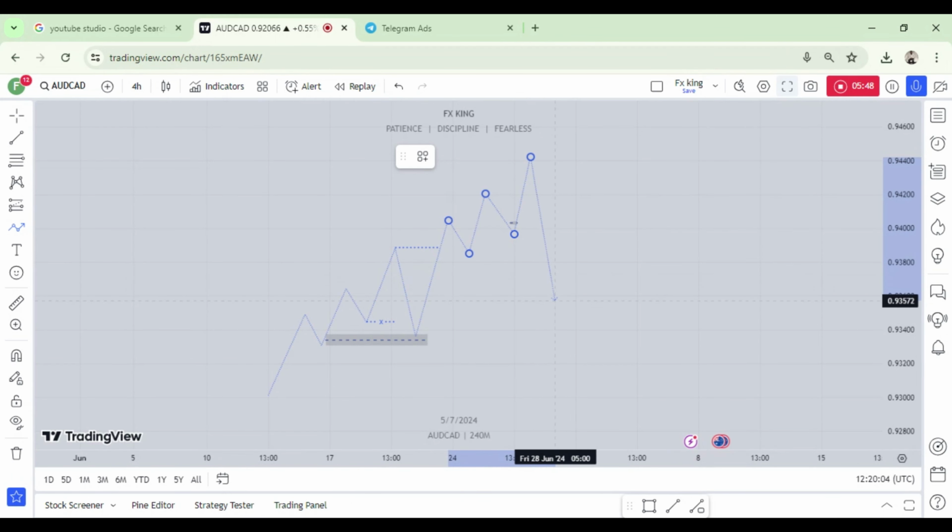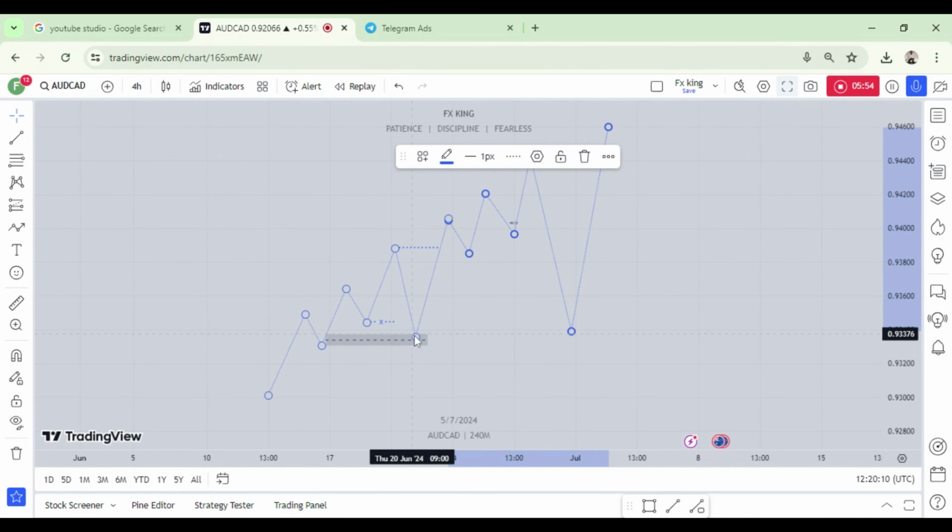You can buy here as same as you can buy here. So this at this level will be known as our extreme zone, our extreme POI, which you can buy. This POI will have a higher probability of working out than this POI at this level.